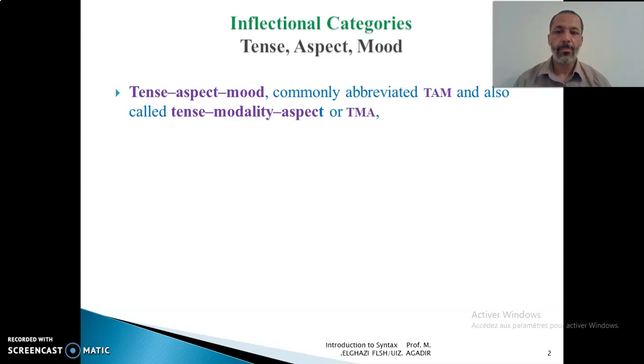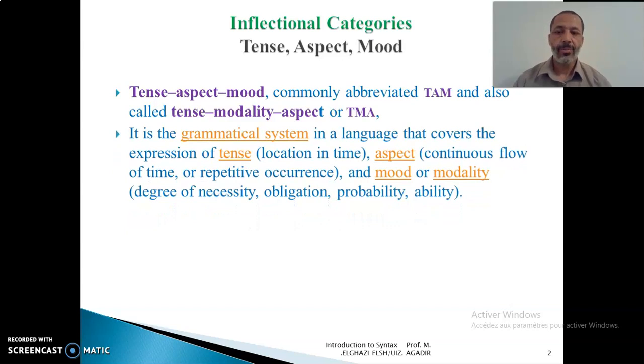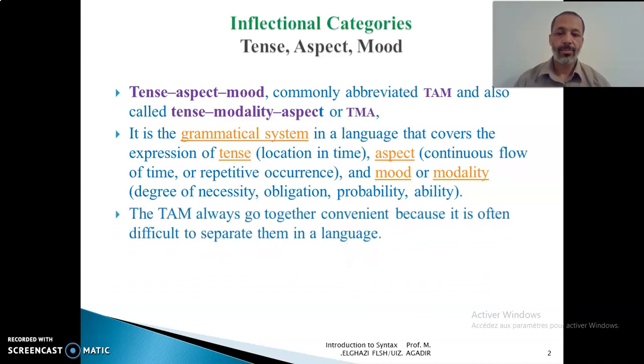You might find both orders in the books of grammar, and they refer to the grammatical system in a language that covers the expression of tense, which means the location of the action in the line of time, and aspect, which is about the continuous flow of time or the repetitive occurrence of actions, and mood or modality, which is about the degree of necessity, obligation, probability, ability, and so on.